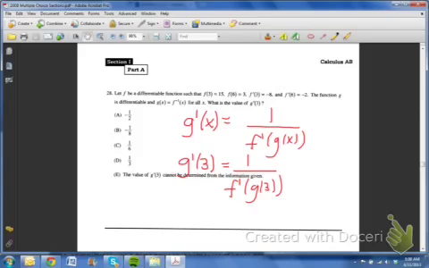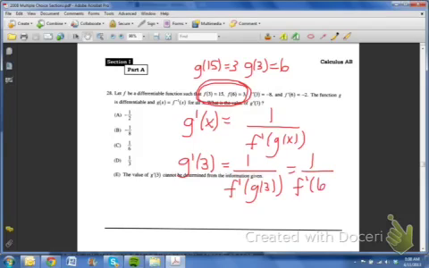And since g and f are inverses, when I come back up here, I have a couple of ordered pairs. These are ordered pairs on f, which means that ordered pairs on g would be the inverse. Just switch the x and y's. So g of 3 is 6. And then f prime of 6 is negative 2. So this would be negative 1/2.